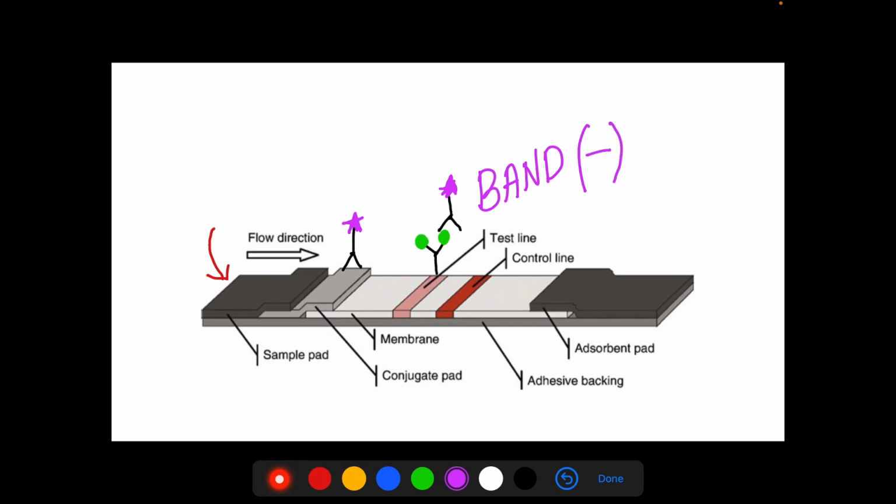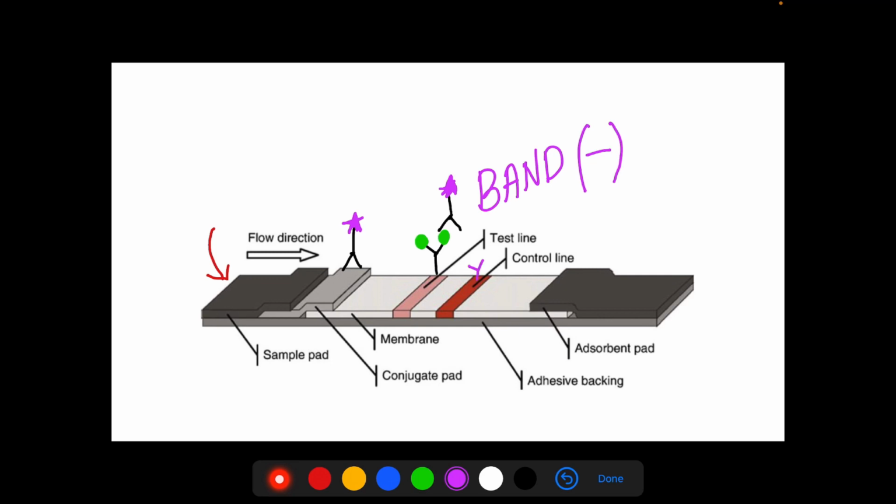As you can see, drug testing is counterintuitive compared to other tests, especially the pregnancy test, because a drug test is positive if there is no line on the test band, as opposed to a line indicating a positive pregnancy test. However, you also have to take note that there always needs to be a control line.